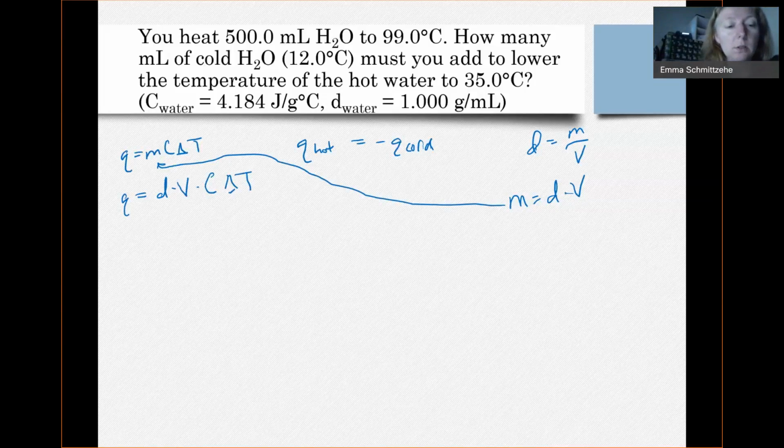And so let's go ahead and set this up. The density is 1.000 grams per milliliter. That doesn't matter if we're talking about the hot or cold. Although it does change a little bit, we're assuming it stays constant enough.